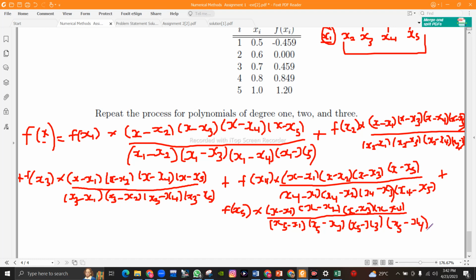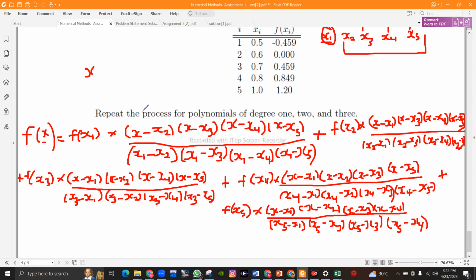When you are interpolating with x1, that means you're going to do x minus every other number. The point you are interpolating at, you separate from every other one without that one that you're interpolating with. So the next divided by x1 will now subtract the point you're interpolating, which is x1, against every other point, x2, x3, x4, and x5. So that's how you're going to write all the formula.